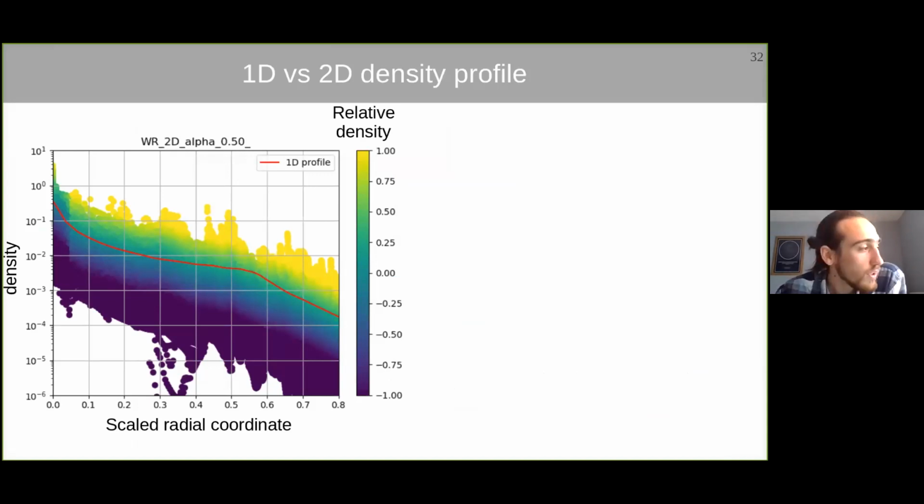So the first thing that you notice is that the 1D model is contained within our 2D model, the scatter plot. But another thing that you can see is that at any given radius, there's a huge spread in density, and the spread is at least 3 orders of magnitude at every radial point. So again, this will affect the transport of radiation enormously as compared to just a uniform 1D model.